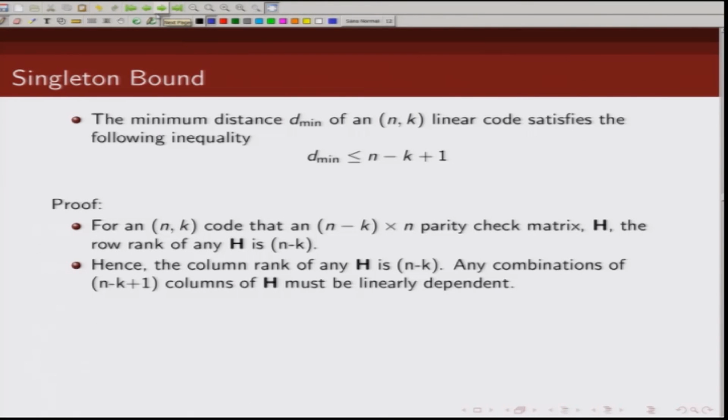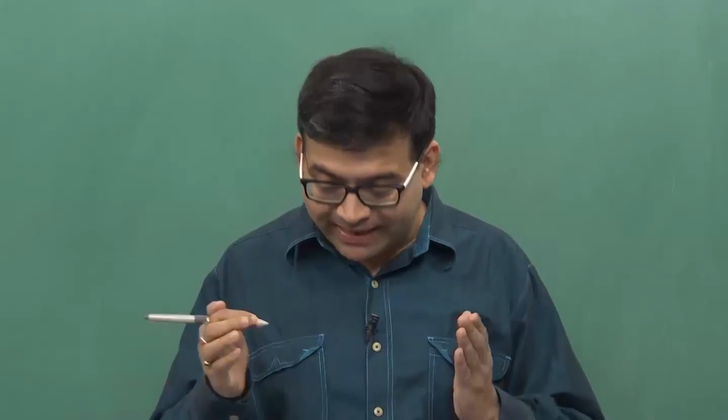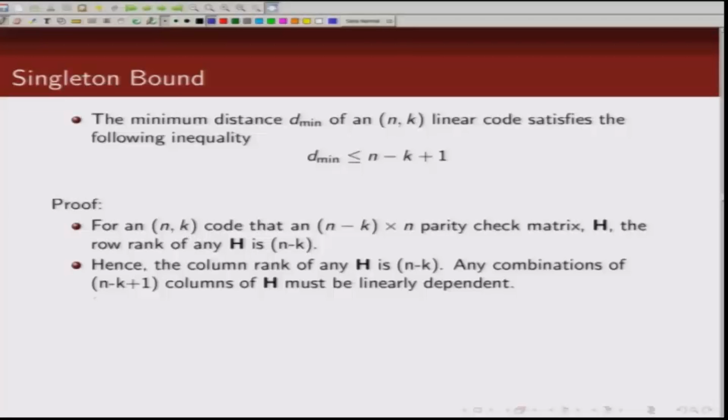Now, if the row rank is n minus k, then the column rank is also n minus k. Now, if the column rank of parity check matrix H is n minus k, that means if you take n minus k plus 1 columns, they must be linearly dependent.